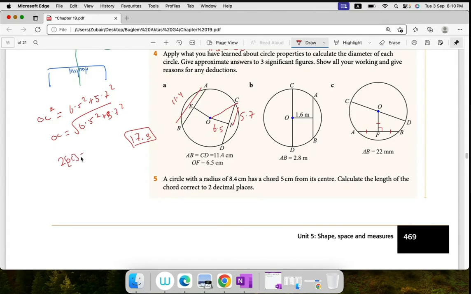So 2 times the square root of 6.5 square plus 5.7 squared. Now use the calculator to get 17.3, up to 3 significant figures.